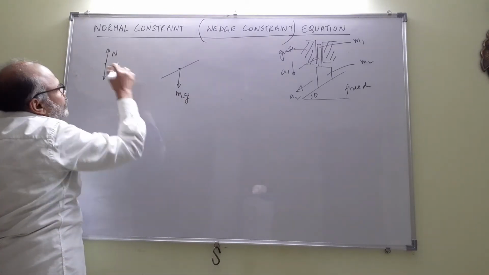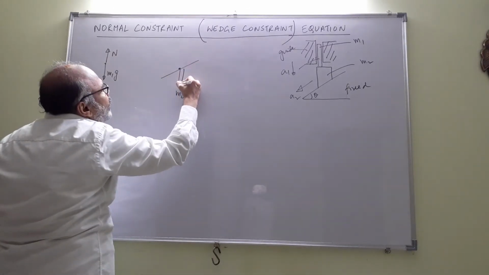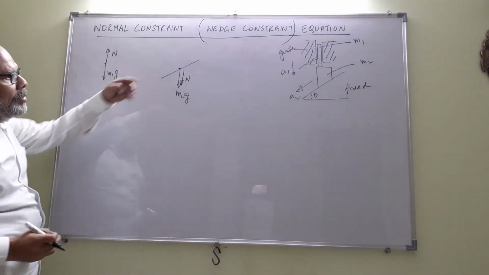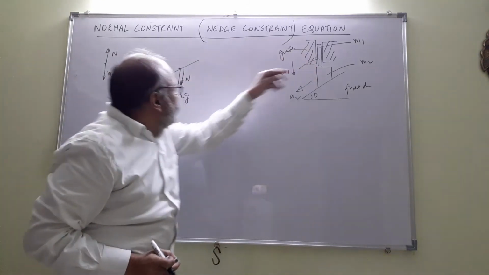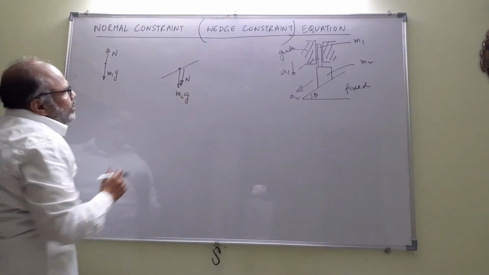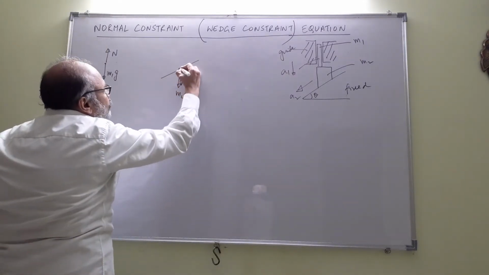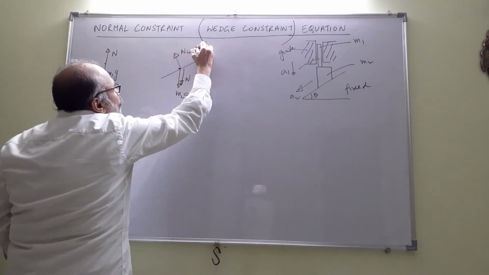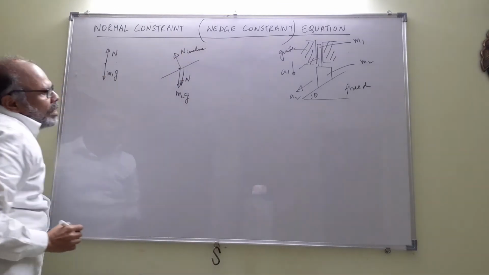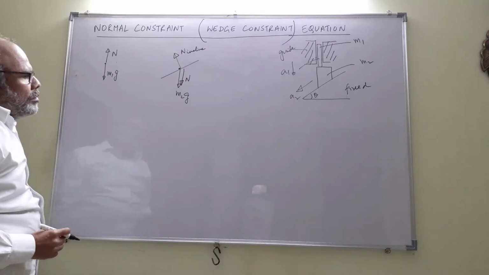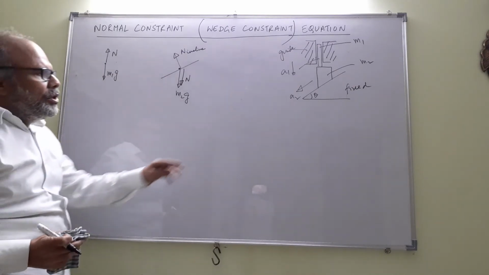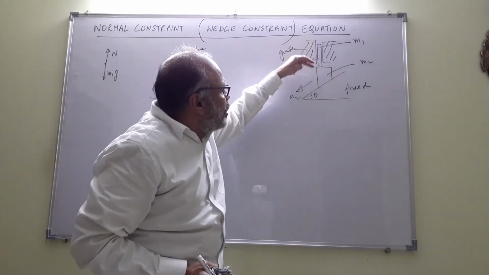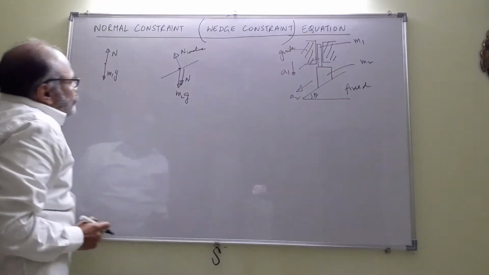There will be an N downward by the upper block on the lower block, and an N by the incline. So those are the three forces: N by the incline, N by the top block, and M2G.